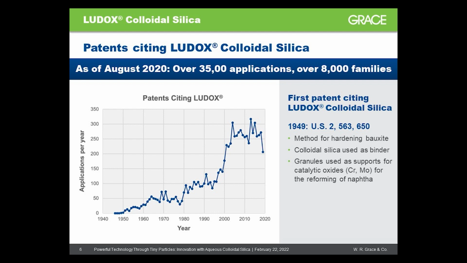The steep rise in patents beginning in the early 1990s roughly corresponds to the key insight that incorporation of inorganic nanoparticles into polymer matrices can lead to improvement in the tensile properties of the polymers. Since 1948 and through August of 2020, there have been over 35,000 patent applications representing over 8,000 patent families that cite Ludox.